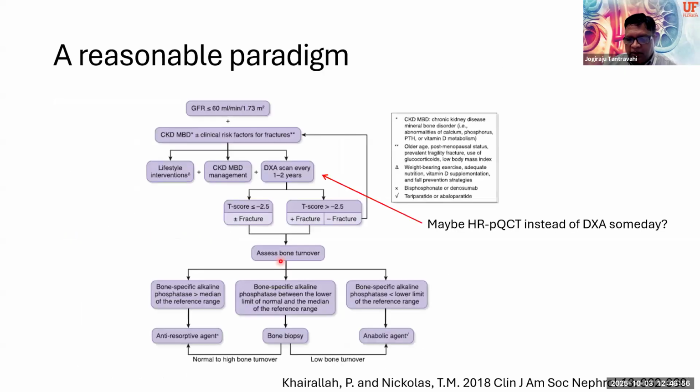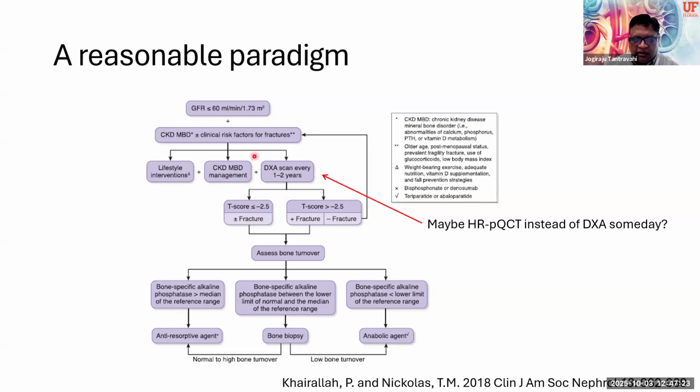Yeah. So I think this is a reasonable paradigm. I'm going to conclude around now. I think this is a reasonable paradigm for the management of some bone and mineral disease, including osteoporosis, in patients with chronic kidney disease or end-stage renal disease. Okay, so GFR less than 60, of course, lifestyle interventions, of course, treat the osteodystrophy.